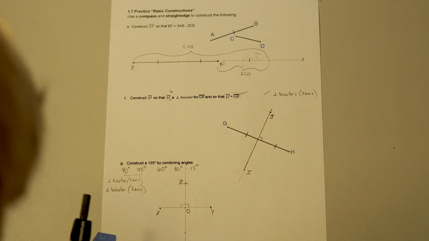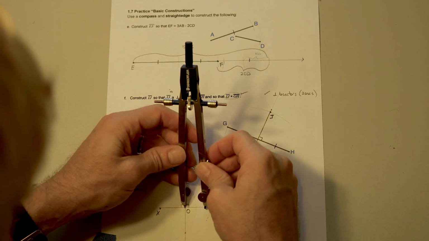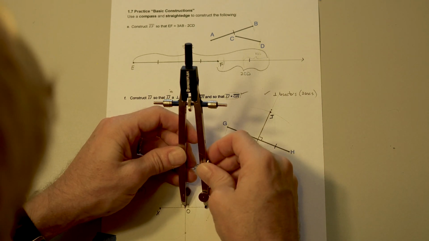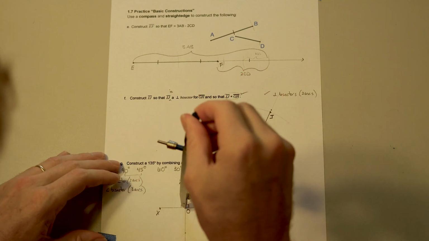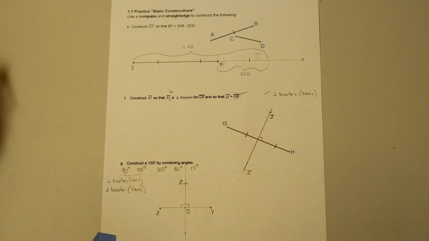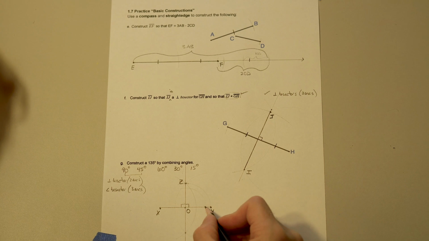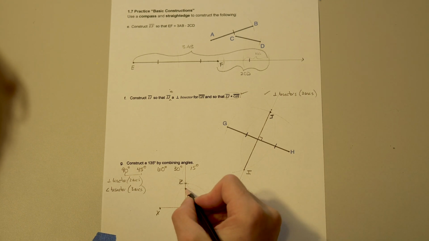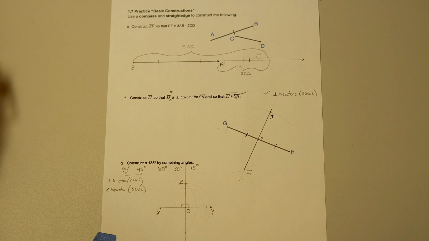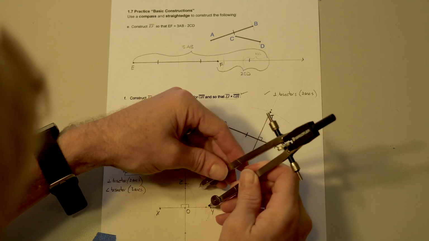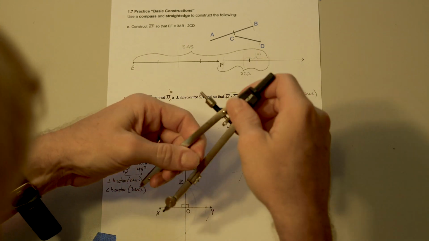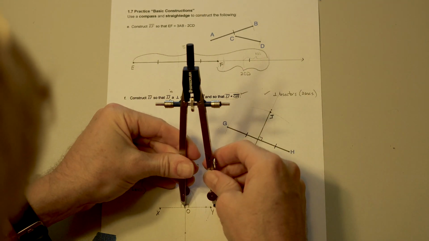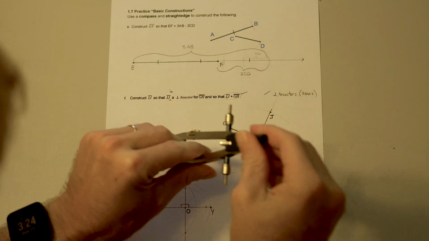And really, you know, I could have made this smaller. I'll just show you. If I would have made it smaller, it's still good. I could have gone with this intersection and this one. And then we're going to open it. Say we can go back to the original measurement there if we want.